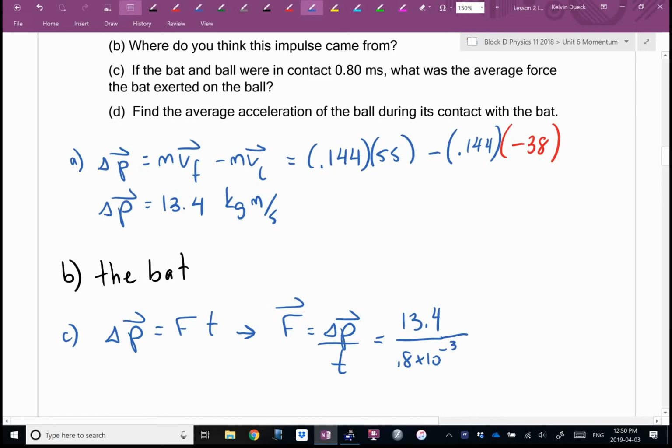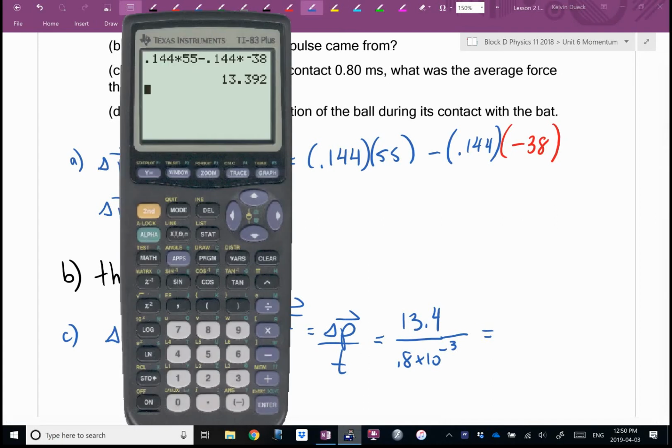I'll probably have to put the bottom in brackets because there are two numbers down there. Divided by bracket 0.8 times 10 to the negative 3. 16,740 newtons. I'll go 16,700.